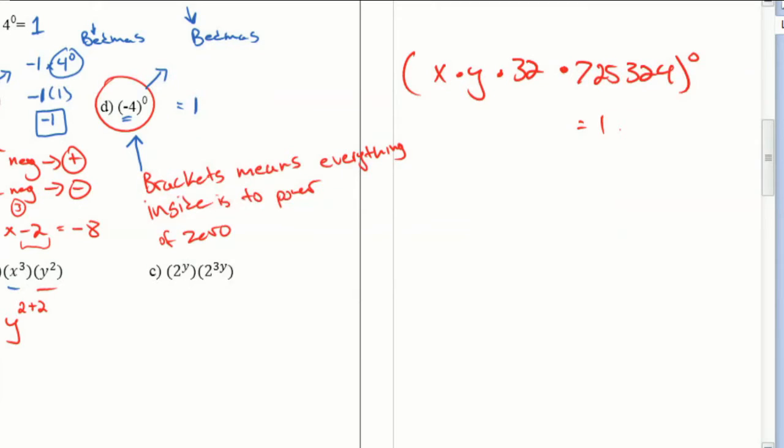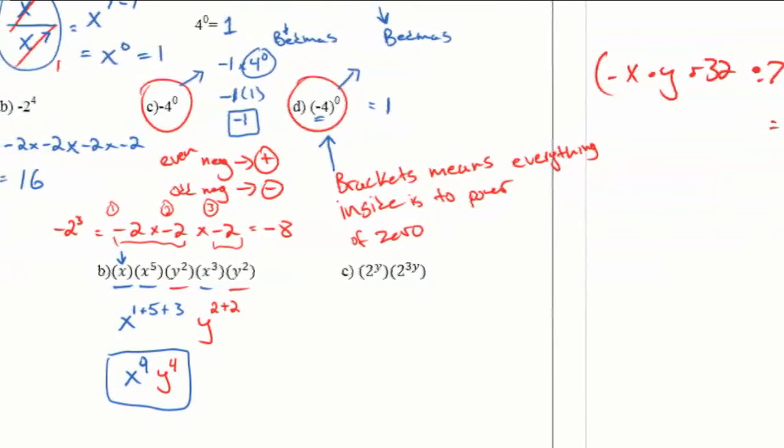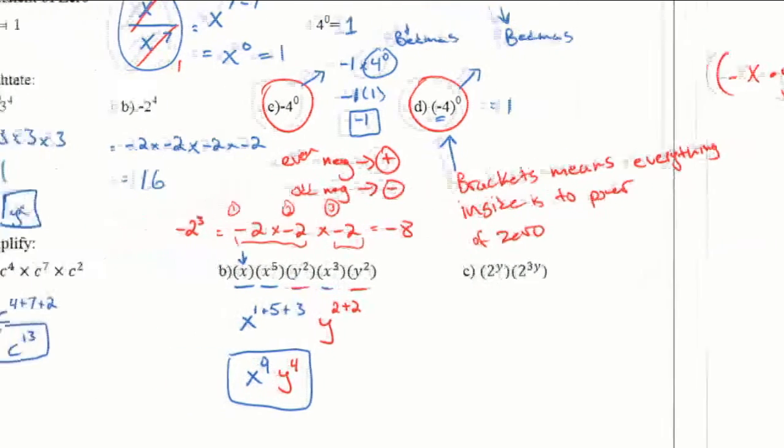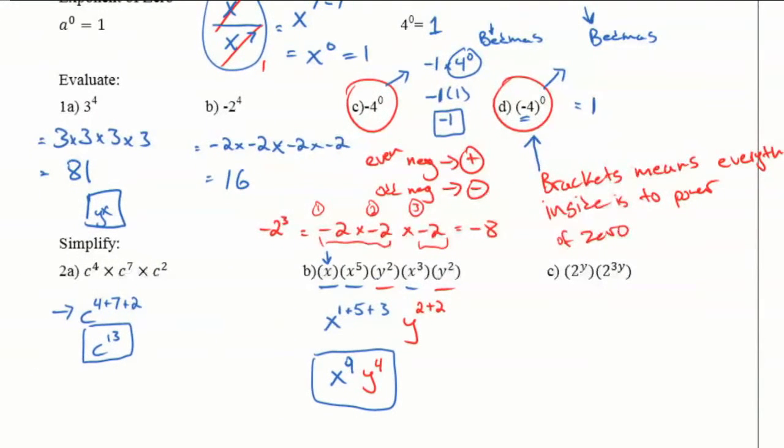Everything in there is just going to be 1. I could have a negative here, or they could all be negative. It doesn't really matter. It's just going to be 1. So I don't know if that helps or not. Hopefully, it's just one of these things that we need to remember.